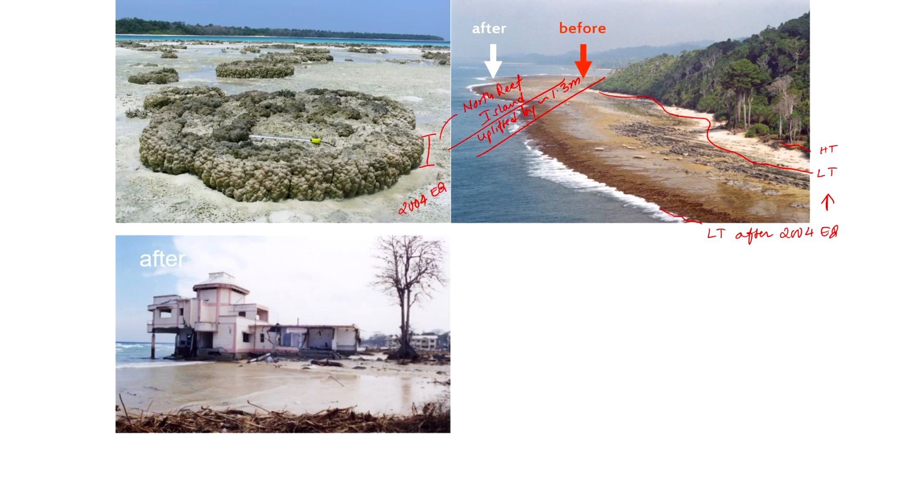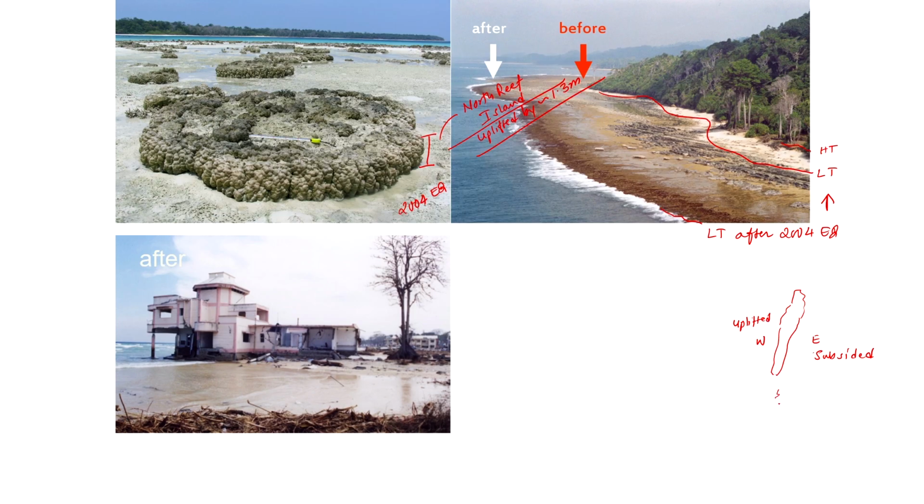Another example of subsidence: if you look at the Andaman Islands, the eastern side subsided, whereas the western side was uplifted.